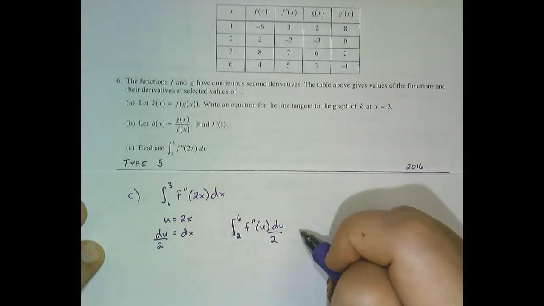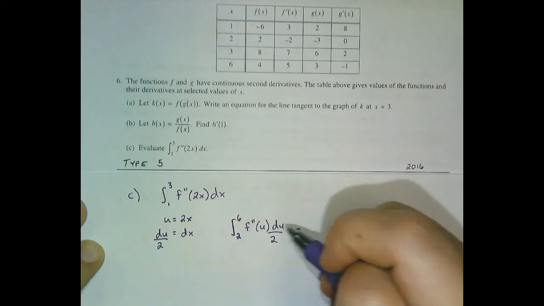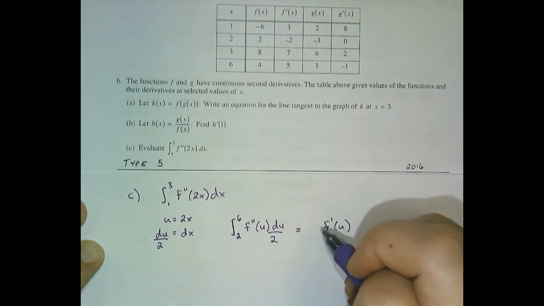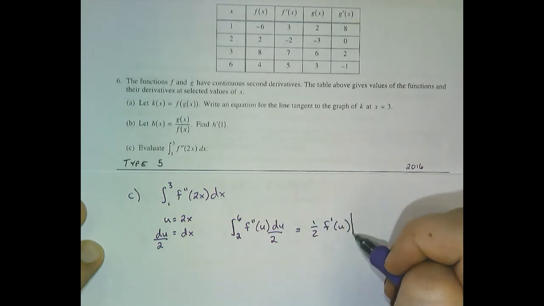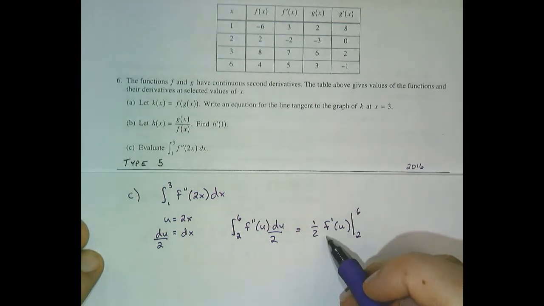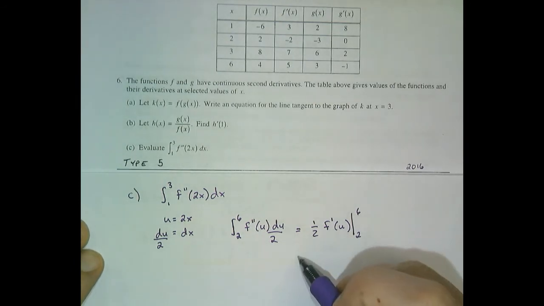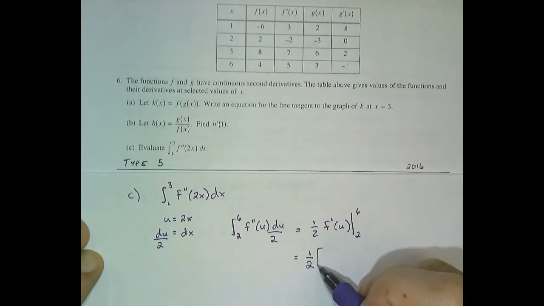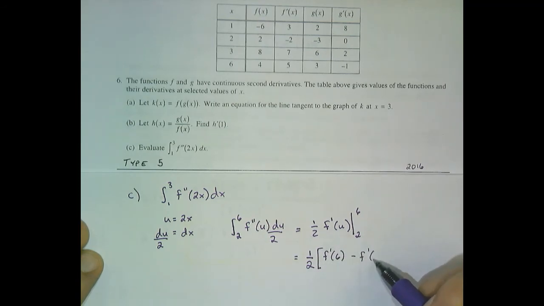So the antiderivative of f prime prime is f prime, and this is being evaluated from 2 to 6. Or if we wanted to make it more accessible, we can write these 6's in there. So what we have is f prime of 6 minus f prime of 2.